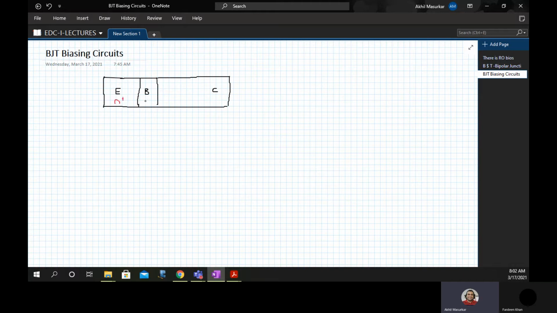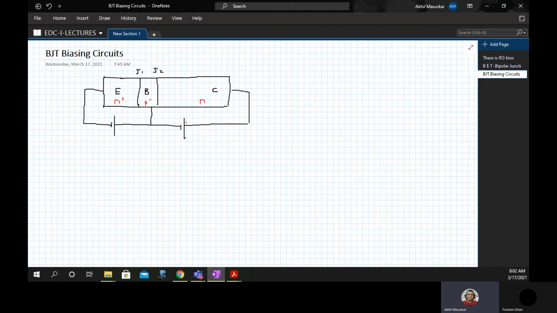So we have N plus, P minus, and then again an N. To operate this transistor, there are two junctions, J1 and J2. The emitter base is always forward biased, and the base collector is always reverse biased.